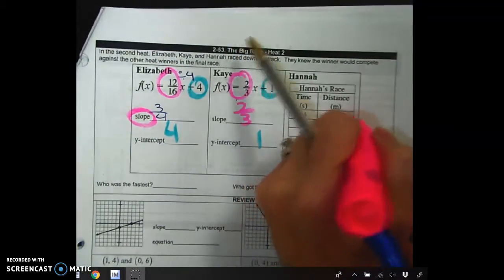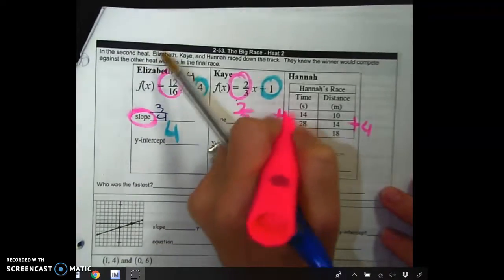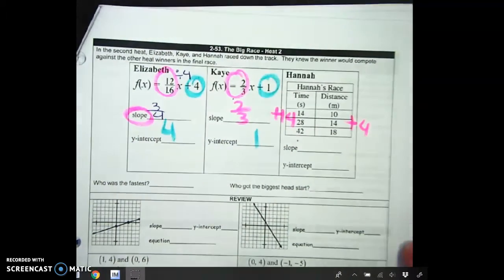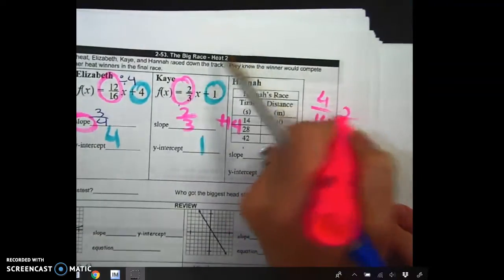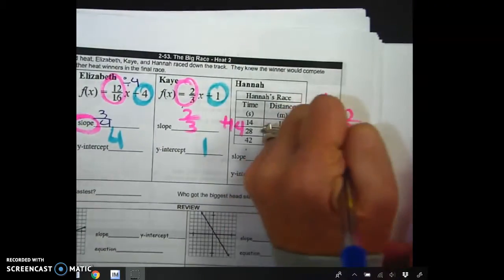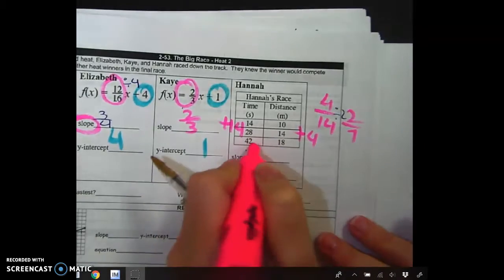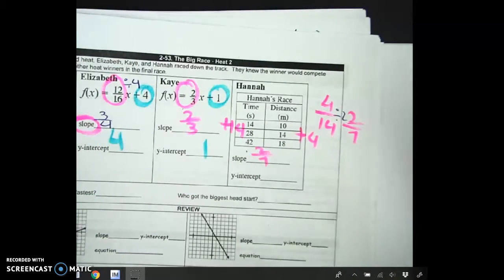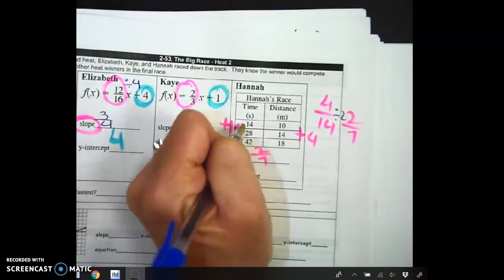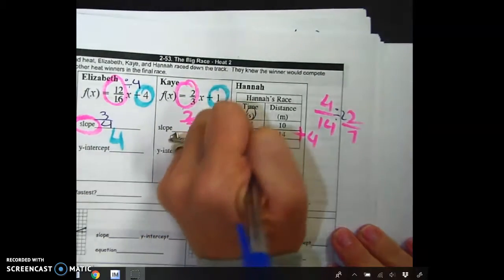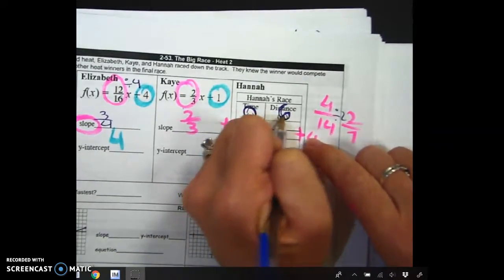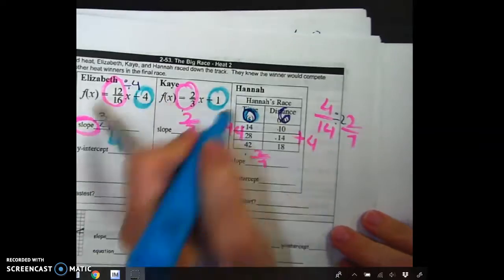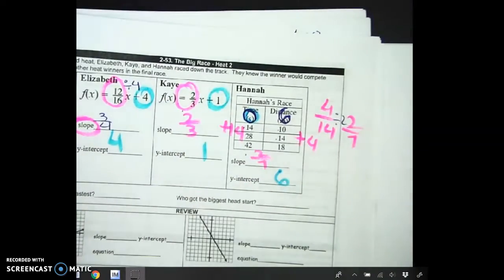So I have to go plus 4 plus 14. And then 4/14 is 2/7, because I can divide by 2. So that means that's 2/7. And then I have to follow the pattern. So if this is plus 14, I got a minus 14, that would be 0. Instead of plus 4, I'm minus 4, and that would be 6. 0 means my start. There's my y-intercept.